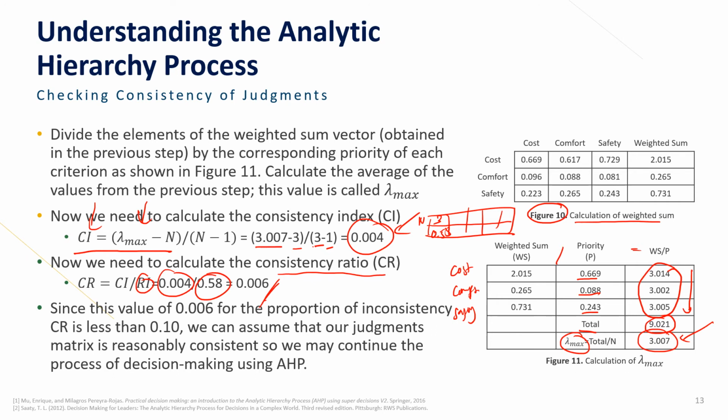What does it mean? It means that CR is less than 0.01, which means that the judgments that we made are consistent, and then we can use them for decision making and continue to the next step of AHP.